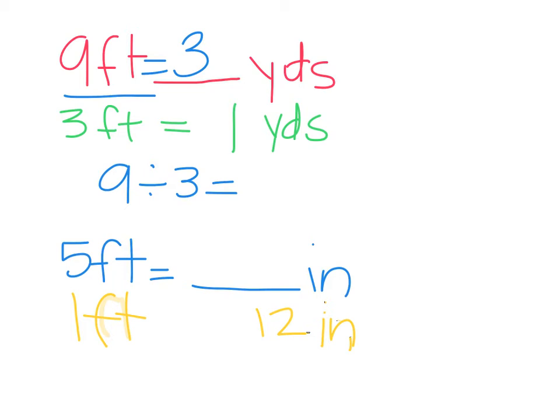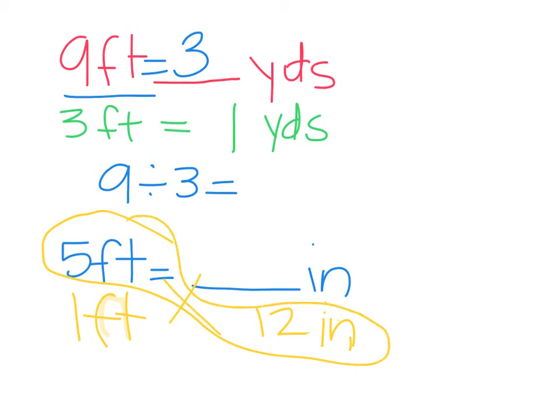Well, if I drew a fraction bar here and said 5 divided by 1, would that give me any different number? No, it is still going to be what? 5. Excellent. All right, so let's reach across. We're going to multiply them all. What is 12 times 5? 60.